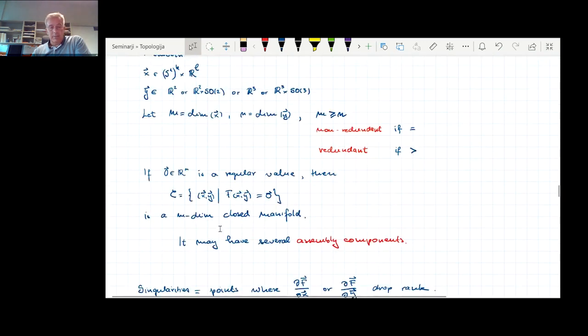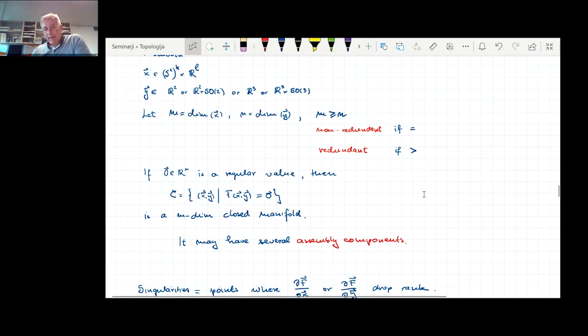And here there is one important point. This closed manifold can be disconnected, and actually it is often disconnected, and components of it are called assembly components, which means your mechanism can assume different positions, but some of the positions cannot be continuously transformed one from the other. You need to disassemble, to dismount your machine, and then you assemble it in some different way and obtain different positions.